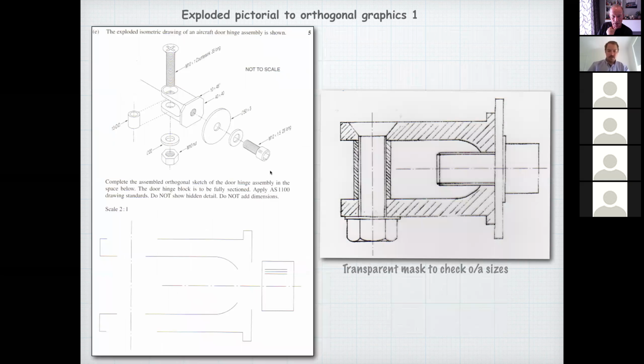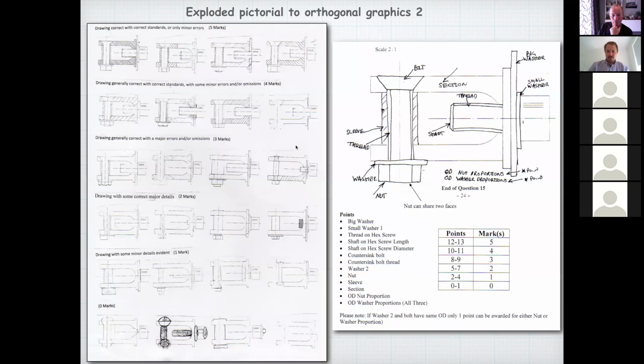This one here where you've got an exploded isometric to do, this is how I marked this one. I isolated 13 points on this diagram that should be marked, and then that's how I broke it down, because you're not allowed to use half marks at all.